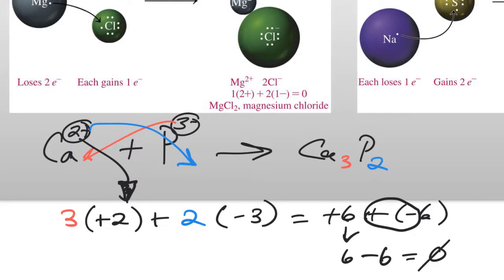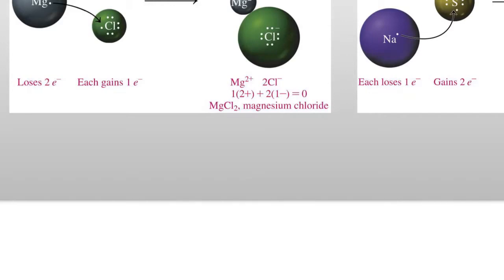You just take the charges and you put it to the other species, and that'll always give you the chemical formula. One thing to be wary of, though, is if I give you, let's say, calcium and sulfur. Calcium's a 2+, sulfur's a 2-.